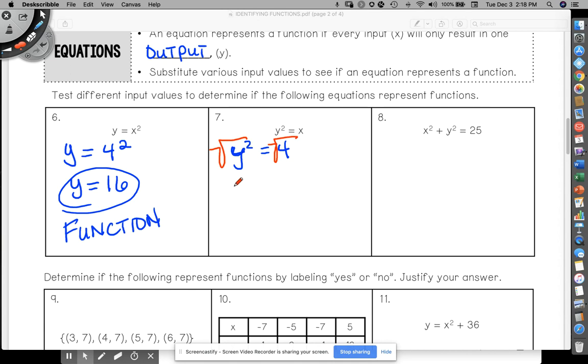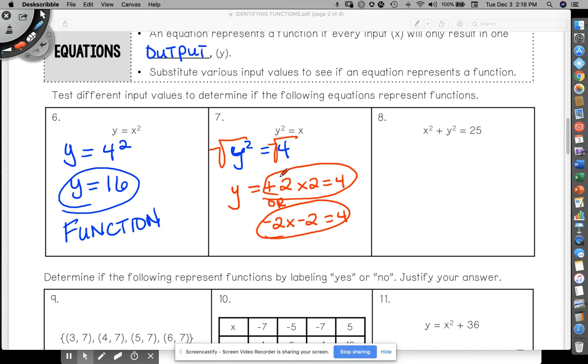And when I do that, y squared becomes a y, and the 4 becomes a positive 2 or a negative 2, because 2 times 2 gives me a positive 4, and negative 2 times negative 2 gives me a positive 4. So that means I have one solution, two solutions. One input, but 2 possible answers, being a positive 2 or a negative 2, just made this not a function.